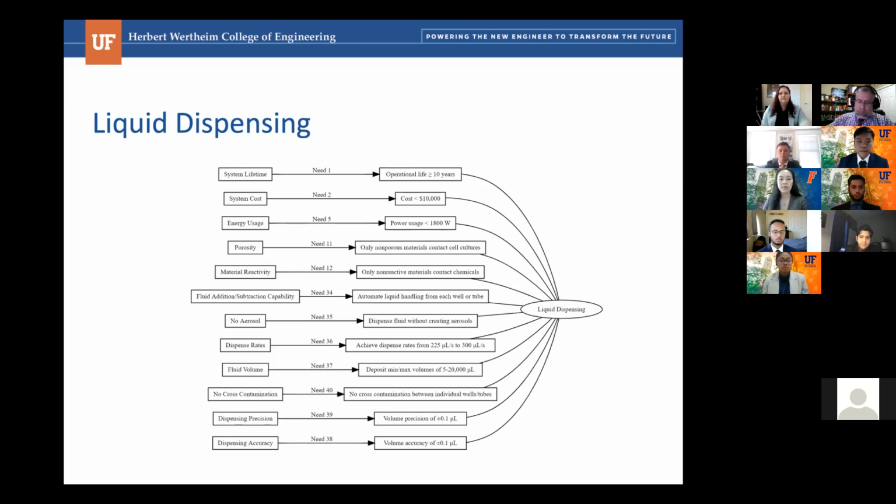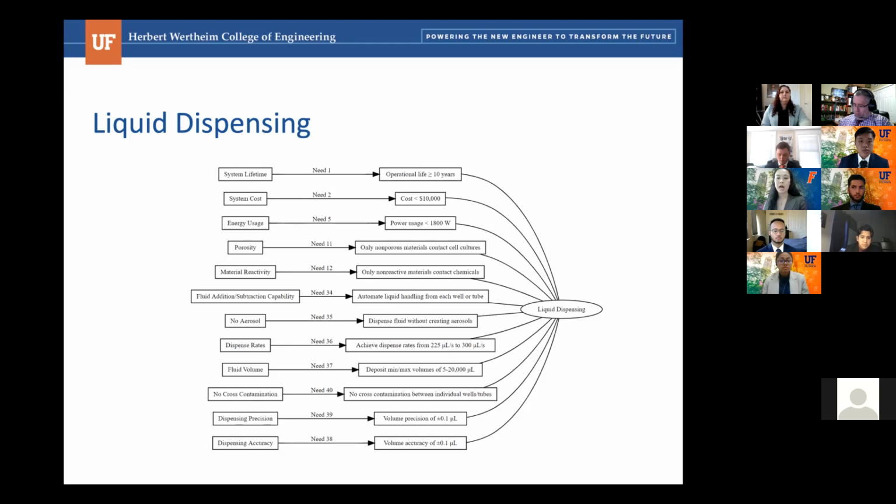So for porosity and material reactivity, we referenced other designs that work in a similar environment to ensure that the material we chose would not be porous for the substances it was handling, and a material reactivity chart was referenced to ensure the material chosen to handle the substances would not cause any chemical reactions.